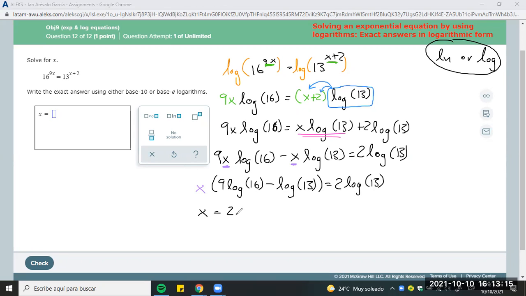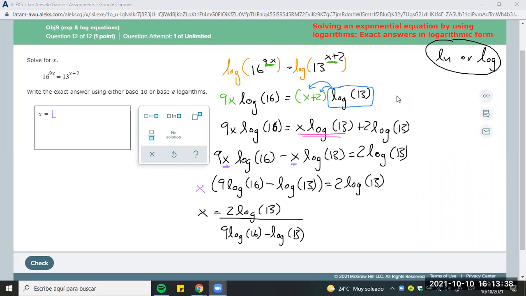X equals 2 times the logarithm of 13 divided by 9 times the logarithm of 16 minus the logarithm of 13. And this is where we end up because we cannot have the calculator to know what this is equal to.